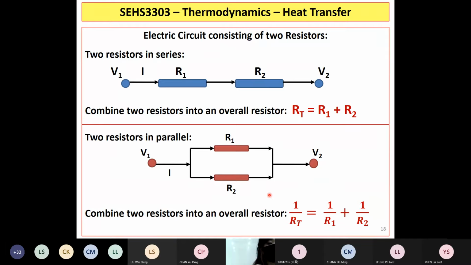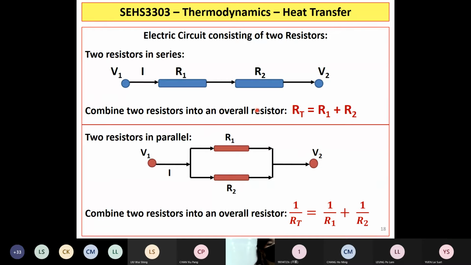In an electric circuit, we have two combinations of the resistors. First is resistors in series. So if we'd like to calculate the total resistor or the overall resistor, that is quite simple.